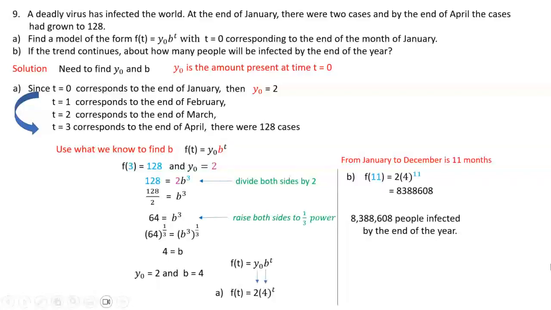But we know that there weren't that many cases by the end of December because of interventions, right? For example, we use masks, we use hand sanitizers, and we use social distancing. That's why there weren't that many cases. But say nature had taken its course, this is how many people would have been infected. Approximately.